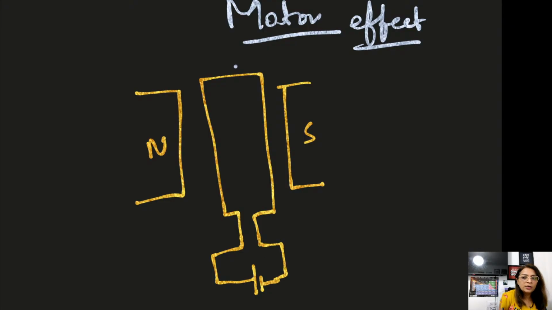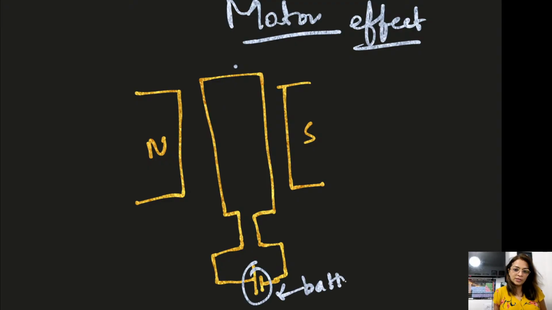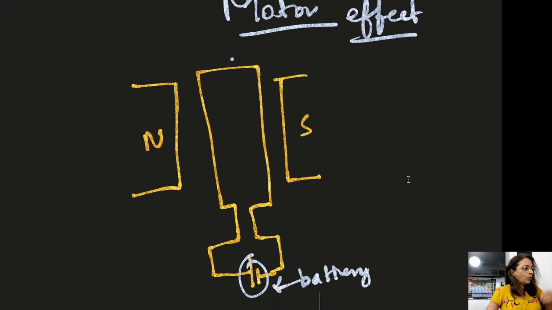Okay, right. So what does the wire have in it? If the battery is connected, what does the wire have? Type in the chat. The wire has what? Current. Yes.